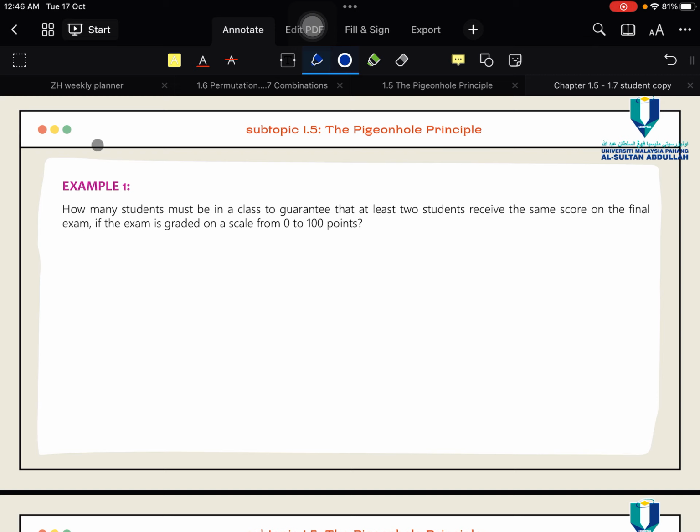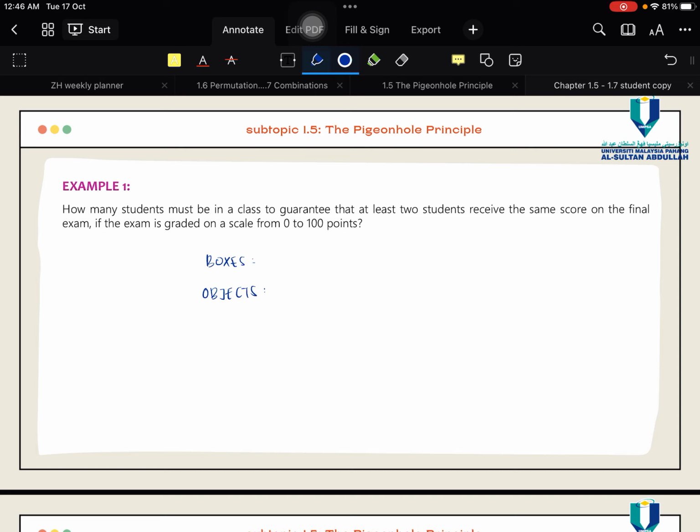So sama juga metodnya. First kita identify juga apa boxes, apa objek dekat sini. So can you identify apa yang dia nak?